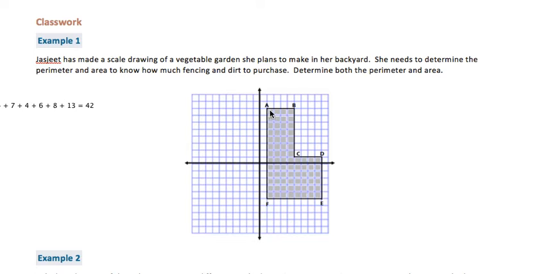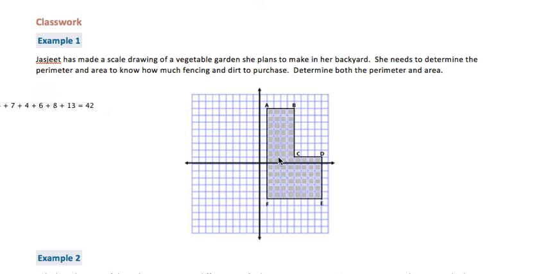So for our fencing, we have line segment AB, which is 4 units, and then line segment BC, which is 7, and then line segment CD, which is also 4, line segment DE, which is 6, line segment EF, which is 8, and line segment FA, which is 13. And we add all of those together, we get 42 units. So our fencing then will be 42 units.